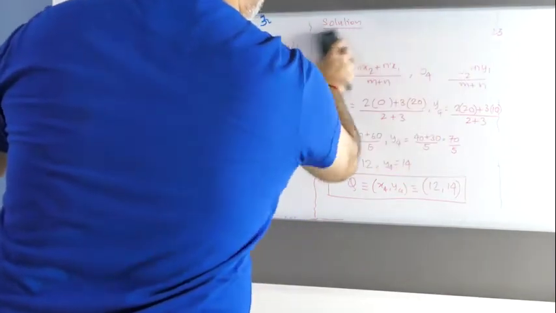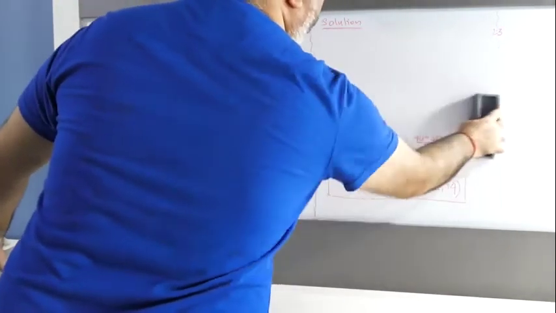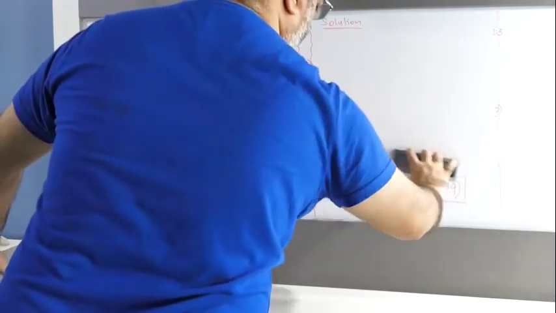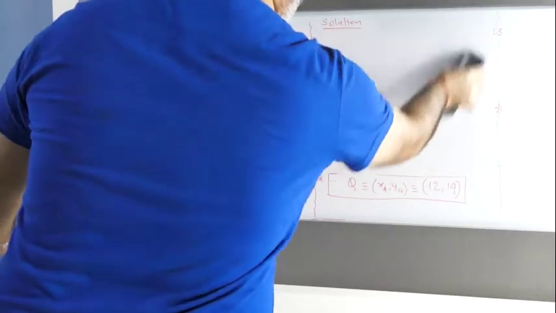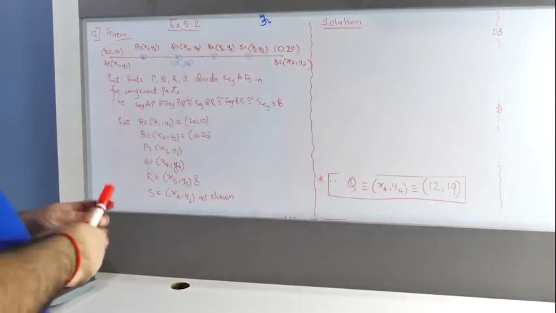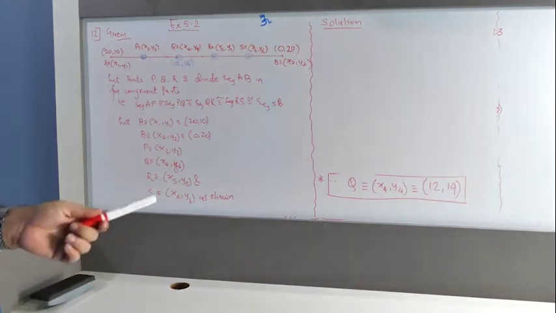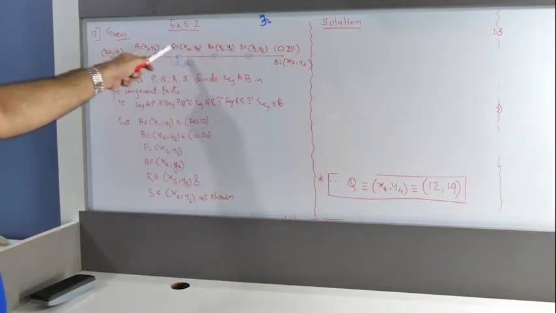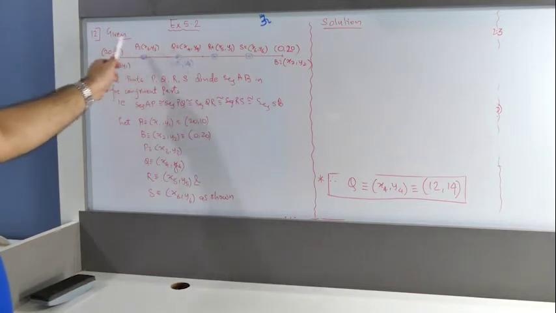So now we rub this part and then we will start with finding the others. Okay, so how do we find point P now? As I said, point P is going to be the midpoint between A and Q, right?